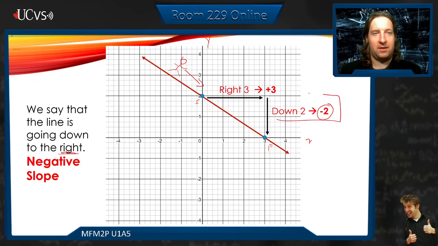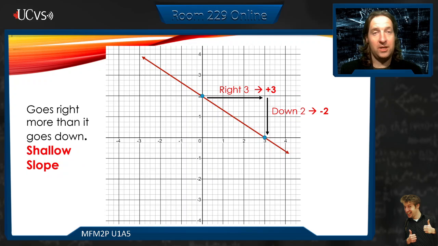Notice that in my y, it had a negative value, so that's a negative slope. Also, since we know that it's going to the right more than it is up and down, right? 3 is larger than 2, right? I have to go more in this direction.